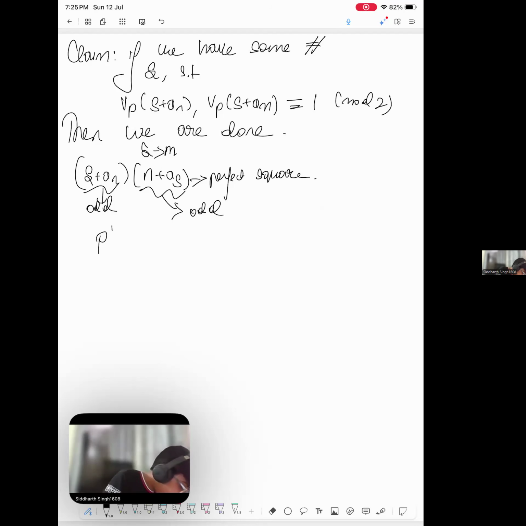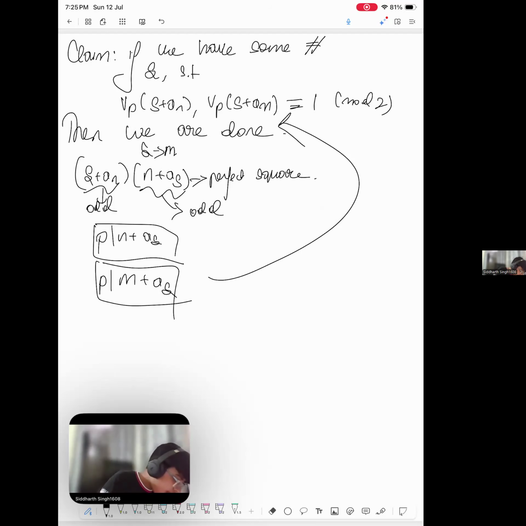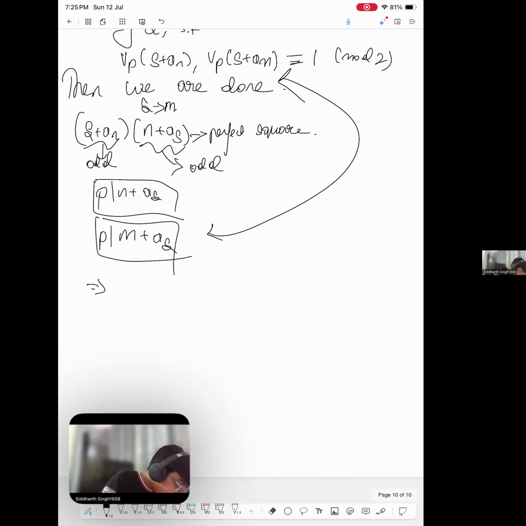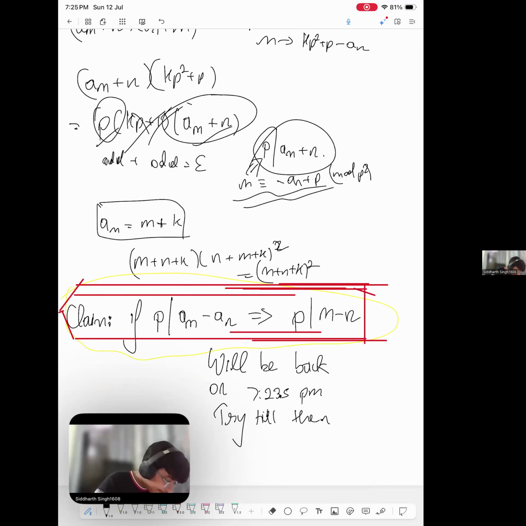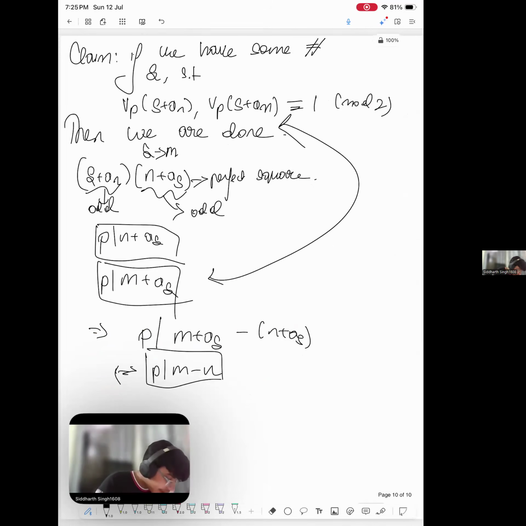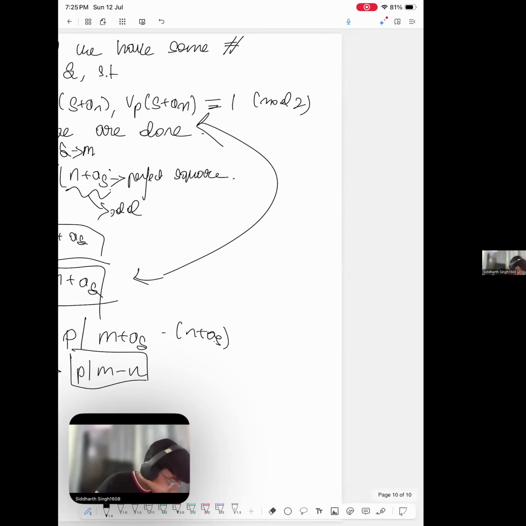So P divides n plus as. That's great. But similarly, you can get P divides m plus as. Since this is true, what would that mean? P divides m plus as minus n plus as, or P divides m minus n. And this would prove our claim, no? Because if P divides am minus an, then P divides m minus n. So it suffices to find some s.